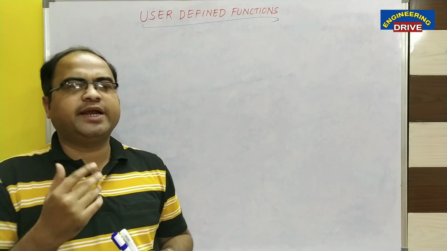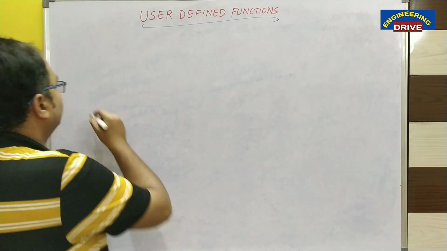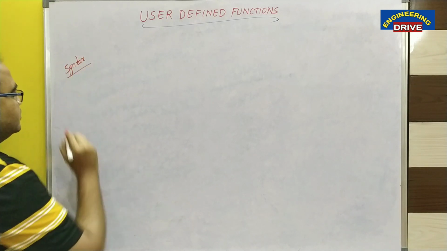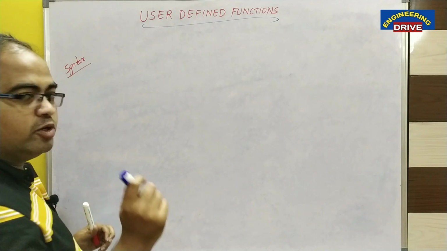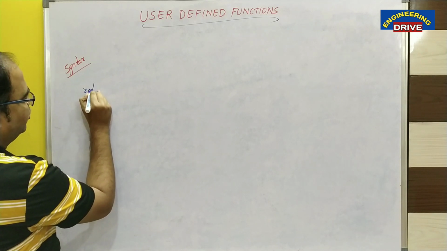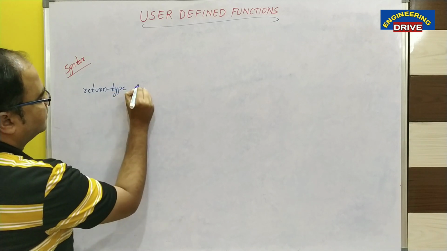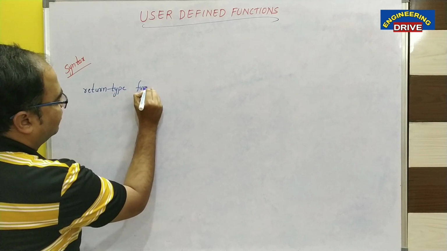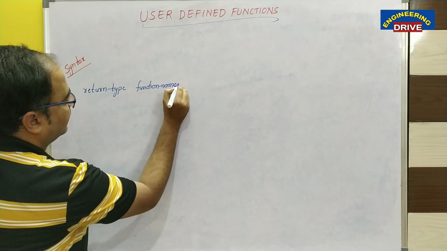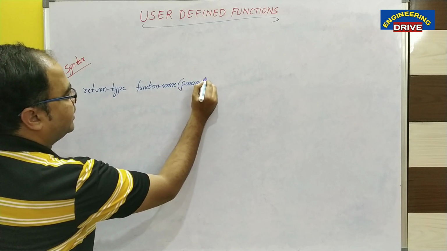The question is how to create a user-defined function in C. Let me first show you the syntax of creating a user-defined function. In order to create a user-defined function, first we need the return type, space, function name, and in parentheses the parameter list.